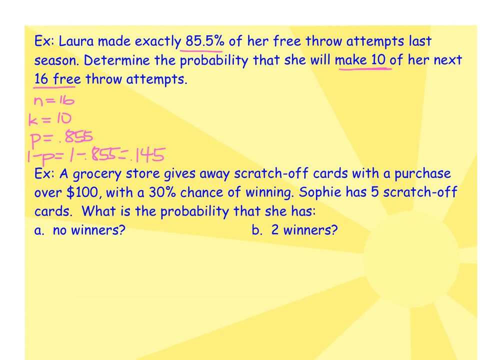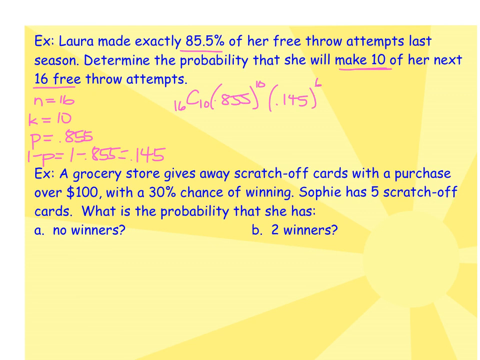We're only going to do 1 round of this binomial experiment. NCK is 16C10 times the probability that she's successful, 0.855. We want 10 of those 16 free throws, and they can be made in any order. Doesn't have to be first, last, whatever.